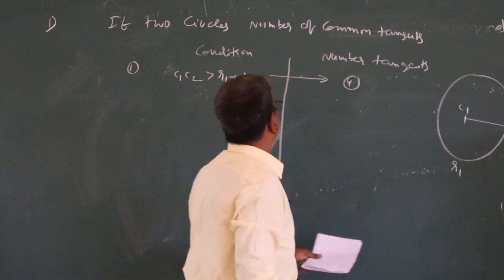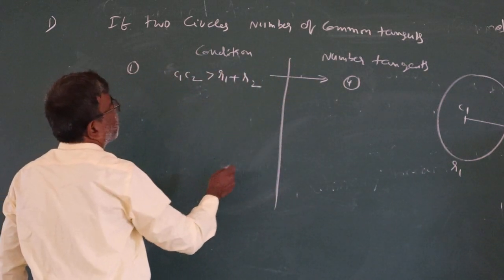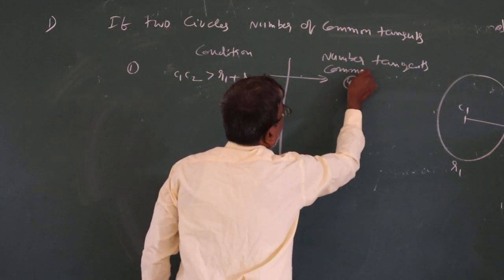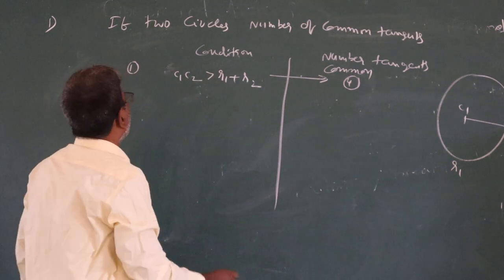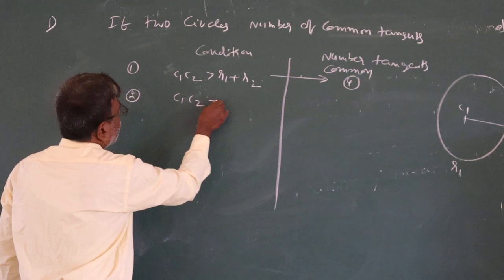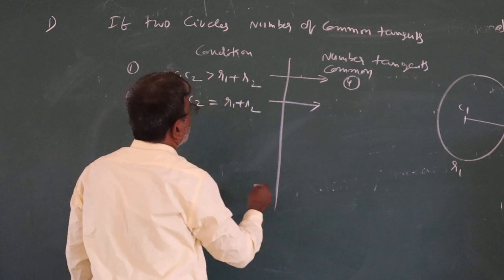If C1C2 is greater than R1 plus R2, the number of common tangents is 4.